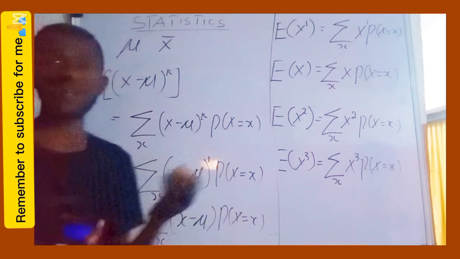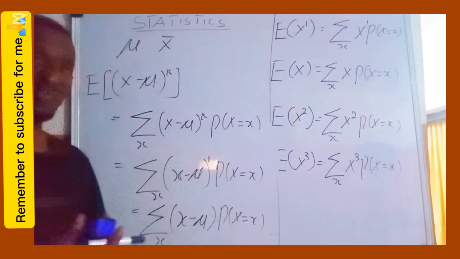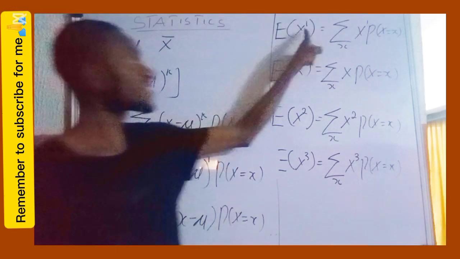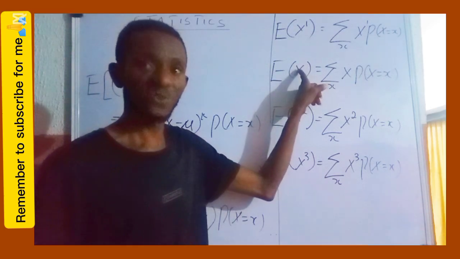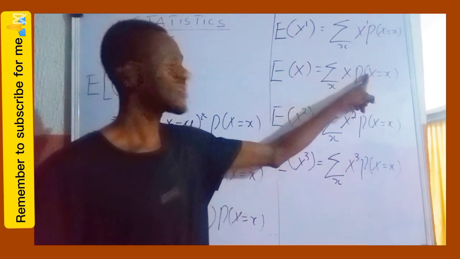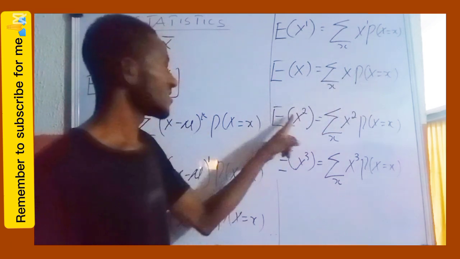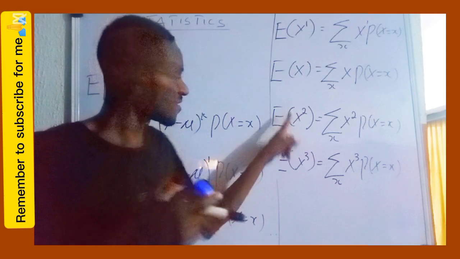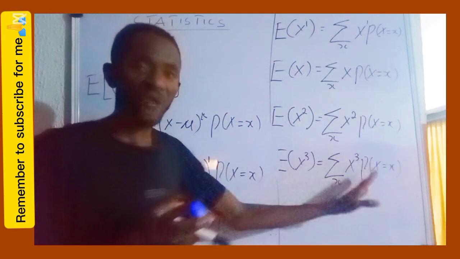Let us take a real life example and be able to show the much which we have given on the board. But as a quick recap, remember that this is the first moment about the origin, 0. Look at how it is expressed when x is a discrete random variable. This is the second moment about the origin, 0. Third moment about the origin, 0, down the line.